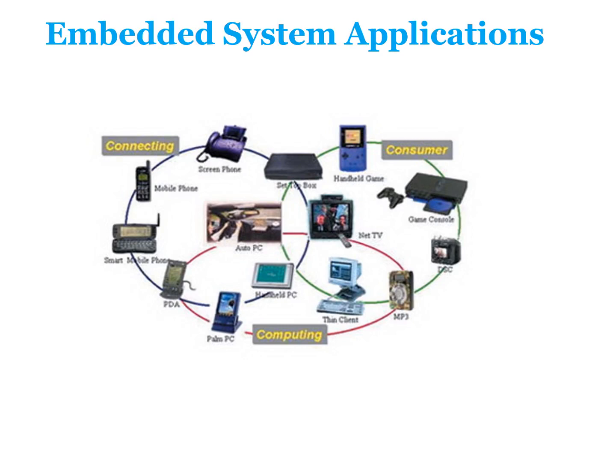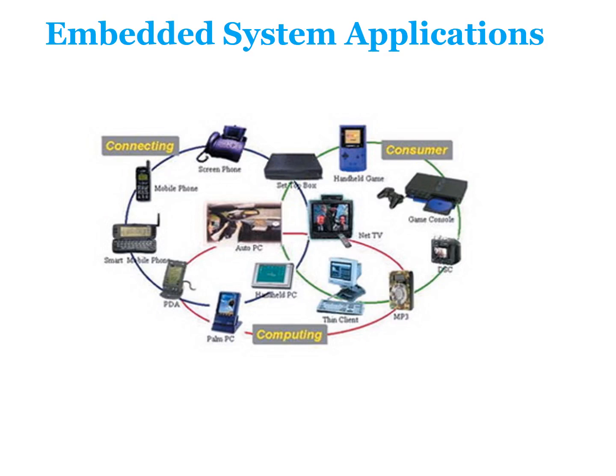Various consumer electronic devices, that is handheld games, thin client system, MP3 player, DAC systems, gaming console, are also devices in which embedded systems are used. The next type are computing devices, which are palm top or palm PC, auto PC, PDA, MP3 players, internet TV, etc. These are the applications of embedded system.